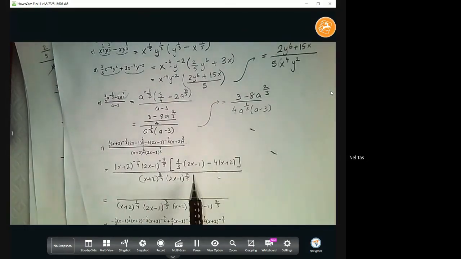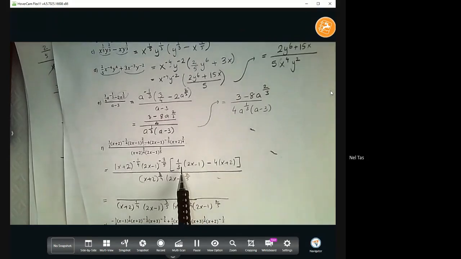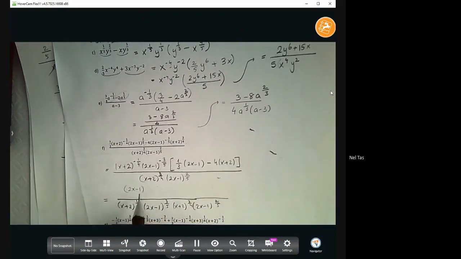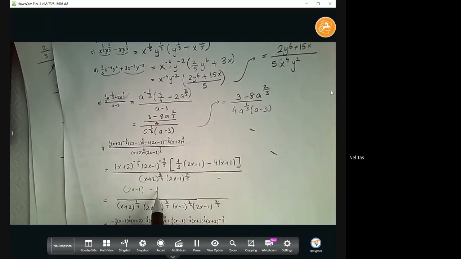Now I'm going to work with this bracket here. Okay, so there's a fraction. So let's have a common denominator that will give us 2x minus 1 minus 3 times 4, 12 times x plus 2. So over 3, actually you can move that 3 directly to the denominator right away.